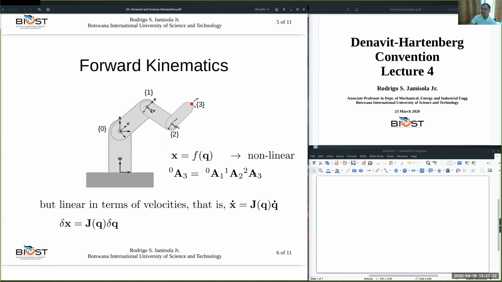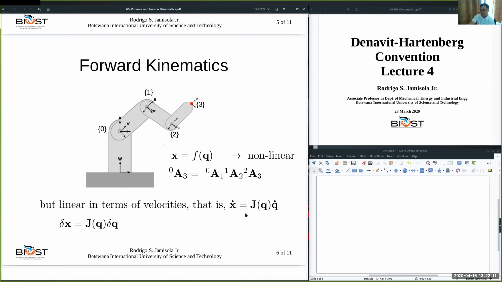But luckily, when we express the velocities of the joints in joint space, as well as the velocities of the end effector position and orientation, then it linearizes the relationship. So in this case, we linearize: delta x dot is equal to J q dot, where J is called a Jacobian, and it linearizes the relationship between the joint space velocity and the operational space or world space velocity.